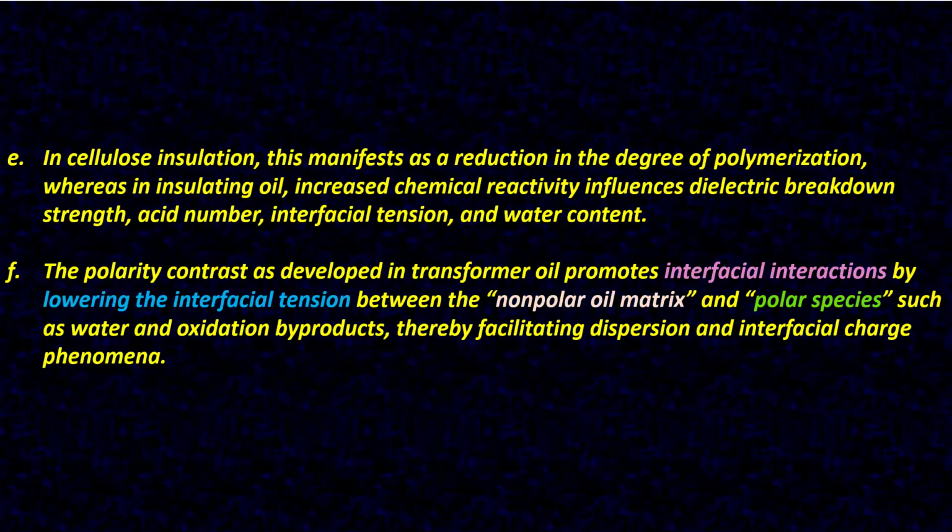In cellulose insulation, these manifest as a reduction in the degree of polymerization, whereas in insulating oil, increased chemical reactivity influences dielectric breakdown strength, acid number, interfacial tension, and water content.